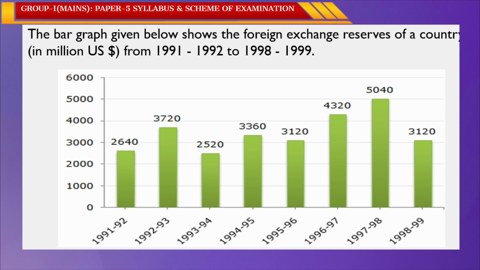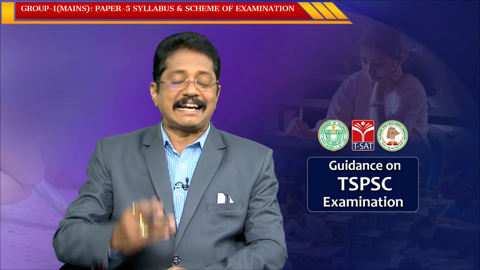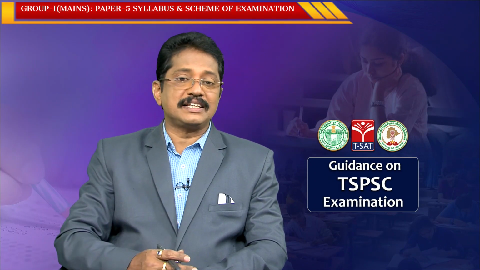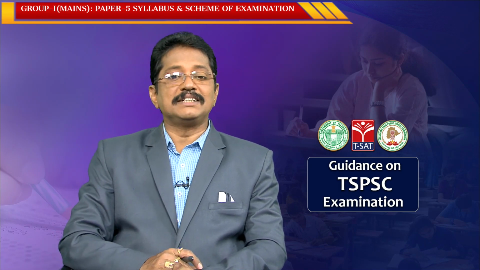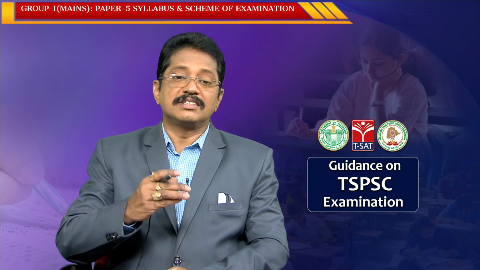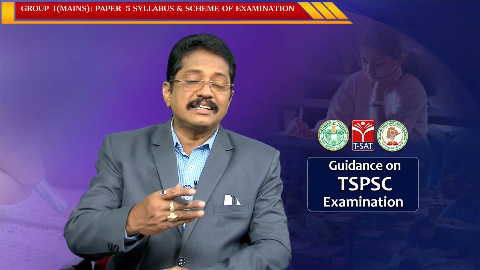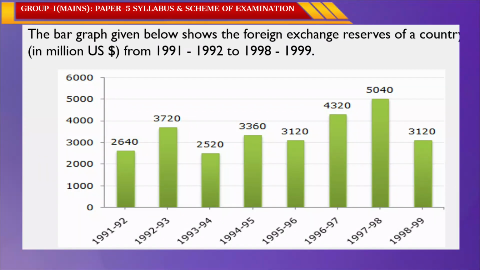As you know, in a bar graph the length of the rectangle gives the frequency and the width of the rectangle gives the class interval size. Is it clear? This is the most important. So, read the bar graph very clearly. In 1991-92, the foreign exchange reserves of the country are 2640 million US dollars.